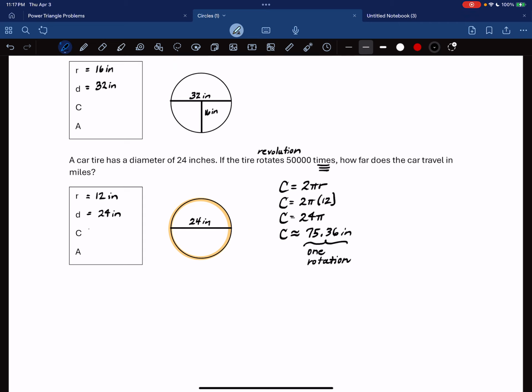Okay, so we at least know that much. 75.36 approximately inches.